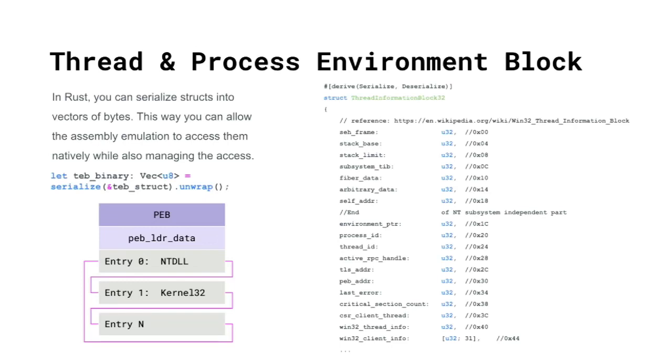So I was able to recreate the linked list of the PEB and TEB and the PEB loader data, compile that all into serialized bytes, and the memory manager will handle it when the assembly instruction accesses the address, like in the normal shellcode routine, FS:30, you go through there.